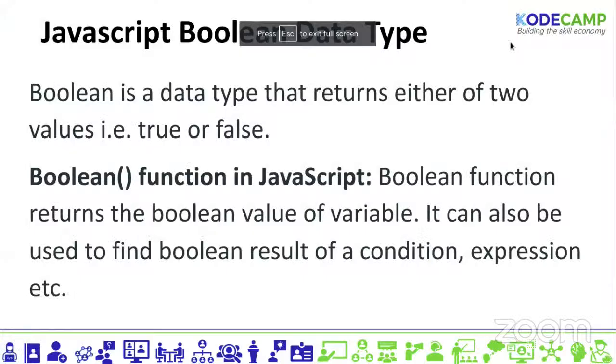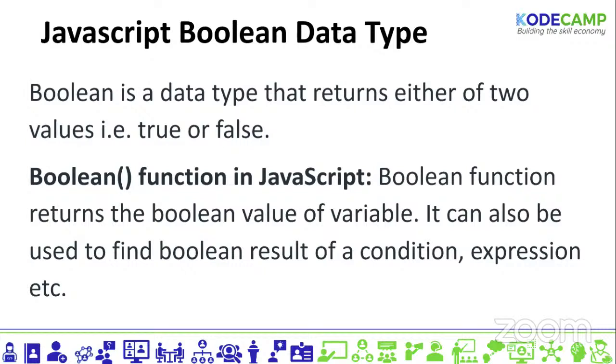So let's talk about Booleans. The JavaScript Boolean data type is a data type that returns either of two values. That is, it returns true or false. You use the Boolean function in JavaScript, which returns the Boolean value of variables.